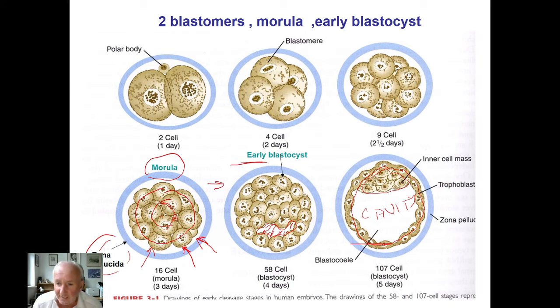So the inner cell mass will form the embryoblast. The outer cell mass will form the trophoblast. Please, when I said early, automatically the zona pellucida is still around. The zona pellucida is still around the early blastocyst.